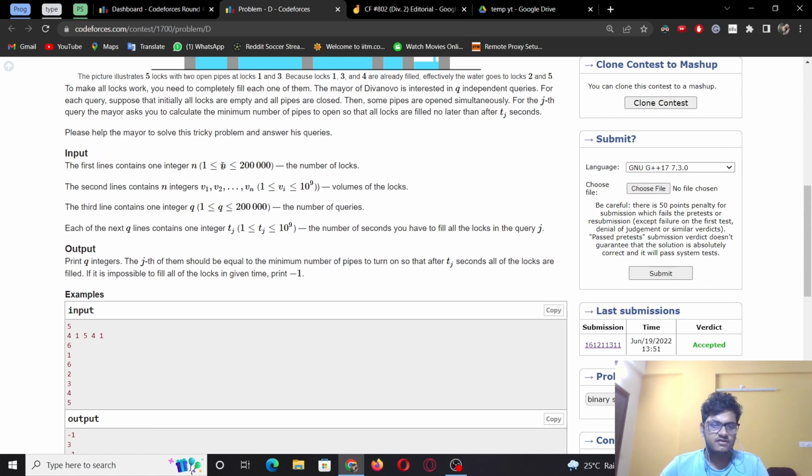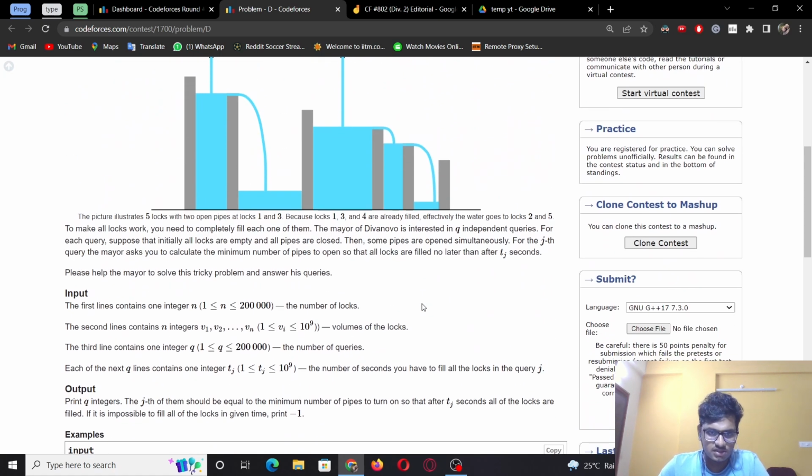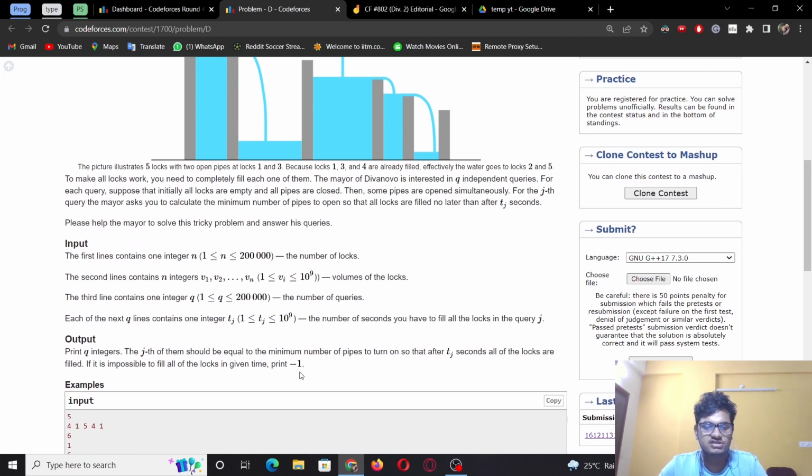As you can see, we have n up to 2 into 10 power 5 locks, and each lock can hold up to 10 power 9 volume, and then we have q queries, up to 2 into 10 to power 5, each having a value of up to 10 to power 9. And if it isn't possible to fill the locks, then we have to output -1.